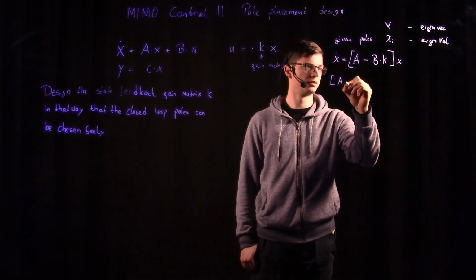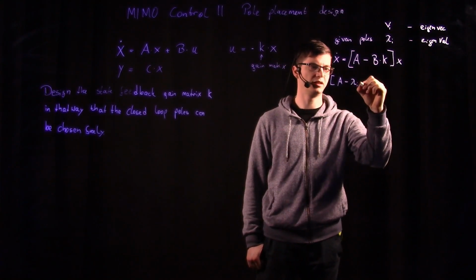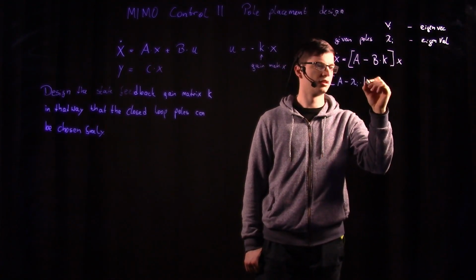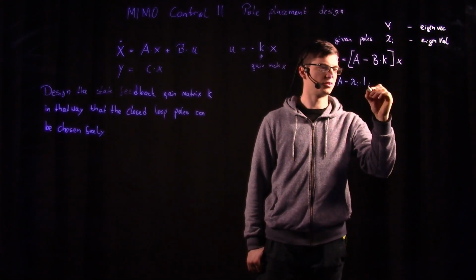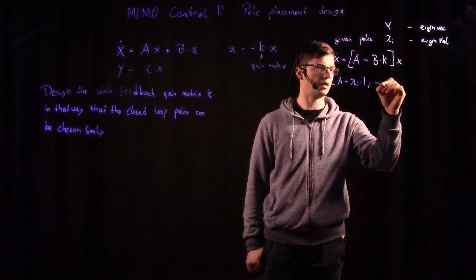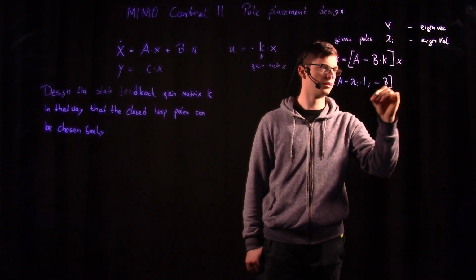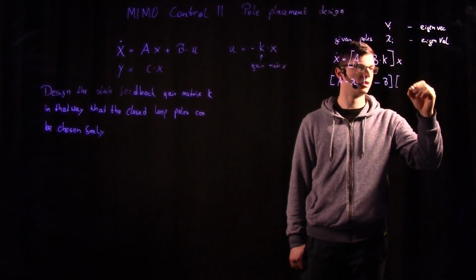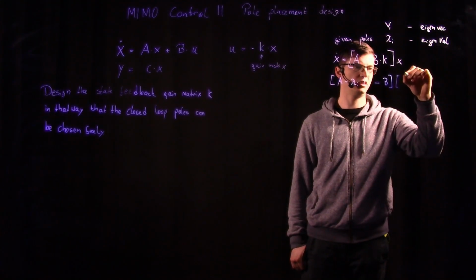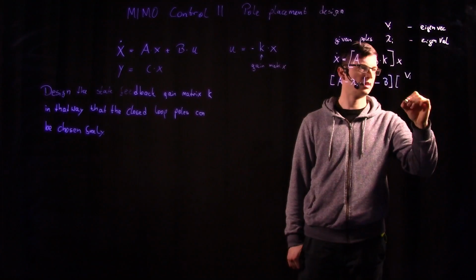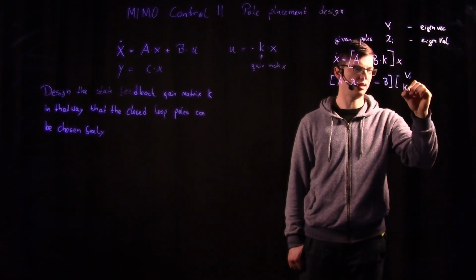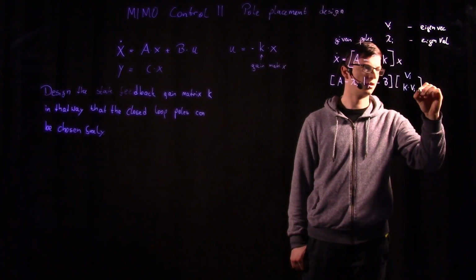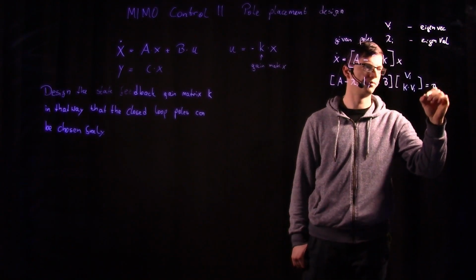A minus lambda_i times the identity matrix I, semicolon, minus B, this is one matrix, times the following matrix, the eigenvector v_i and an expression K times v_i. And this shall equal 0.